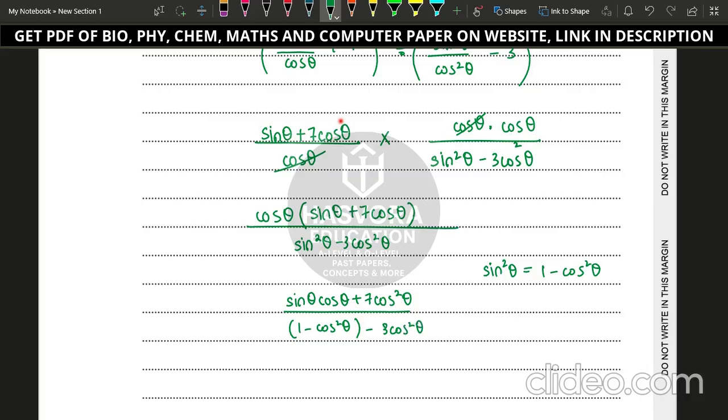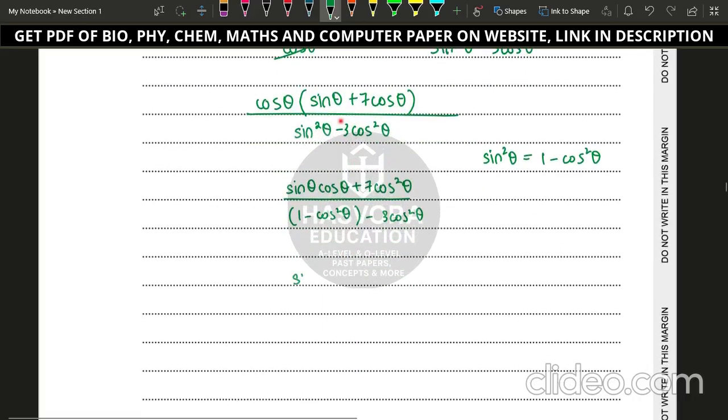So if I finally open this up, it becomes sin theta cos theta plus 7 cos square theta, divided by 1 minus cos square theta minus 3 cos square theta.